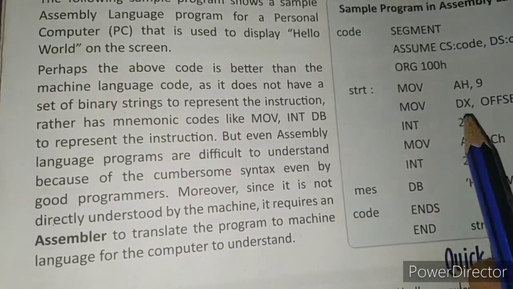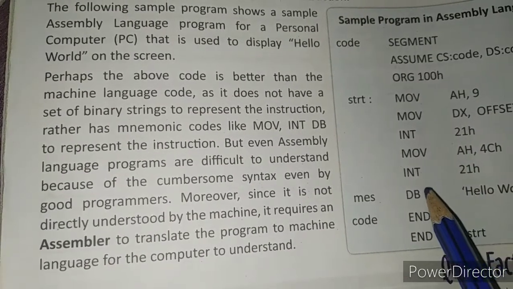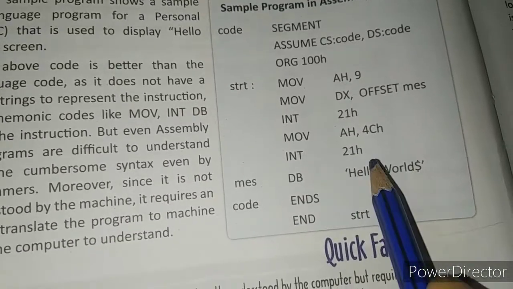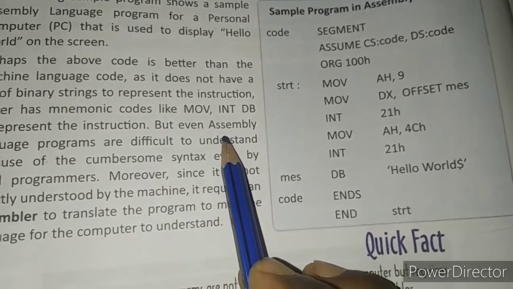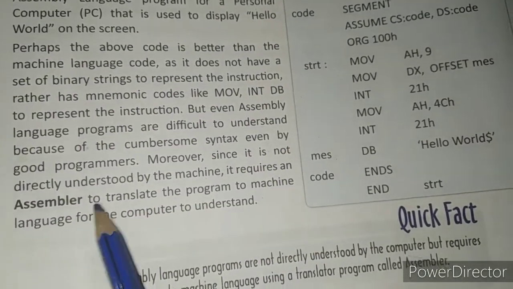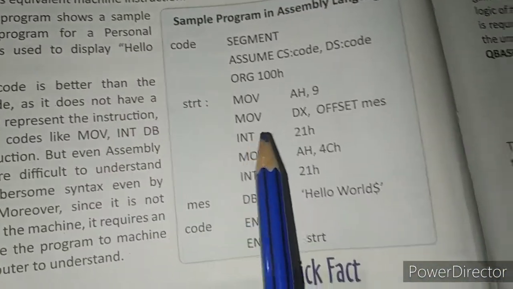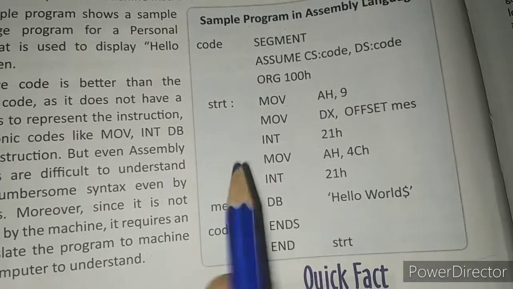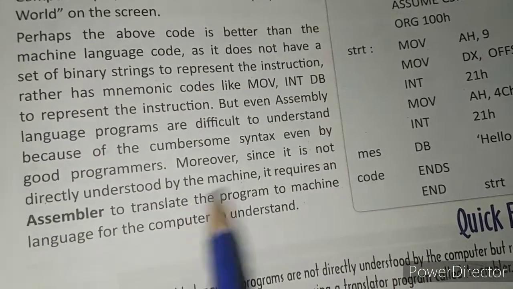But here it cannot be directly utilized by the computer. It is first converted to machine language by using a program known as an assembler. It means when a program is written in assembly language, it is first converted into machine language using the assembler translator program.